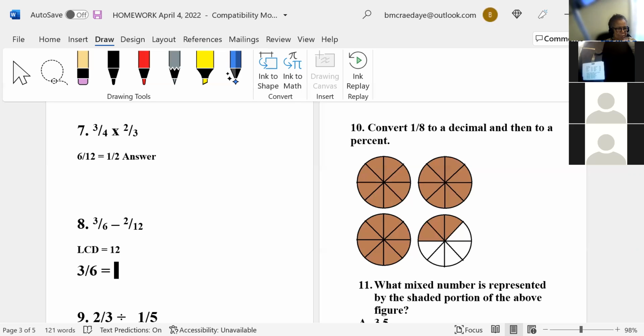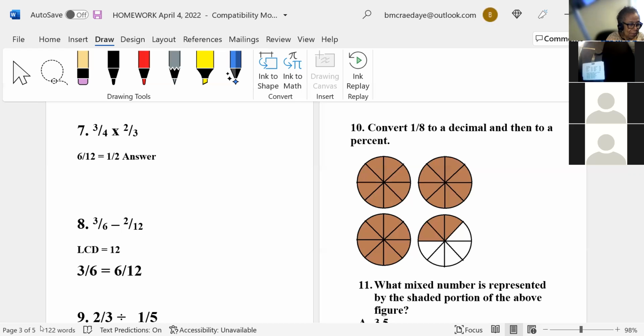How do you go from 6 to 12? What do you do? Multiply by 2. That's right. You have to multiply the numerator by 2 also, right? So what does 3/6 become? 6/12. That's it.